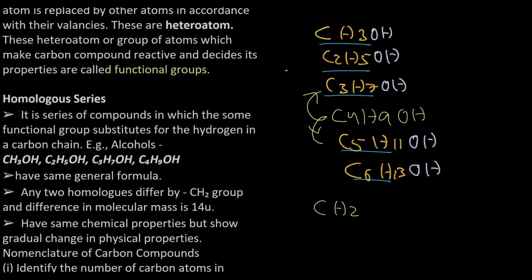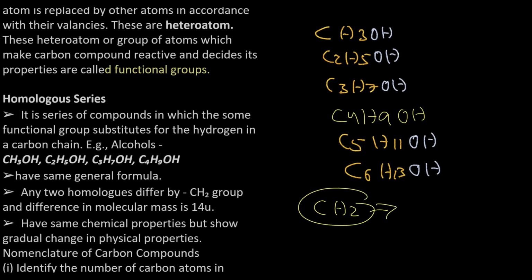There's a difference of one carbon and two hydrogen. Check here, there's one carbon more and two hydrogen more. Or you may check from here with this. So each member in this is a homologous series, a series of compounds with the same functional group present. Each member differs from its succeeding and preceding member by a CH2 group.